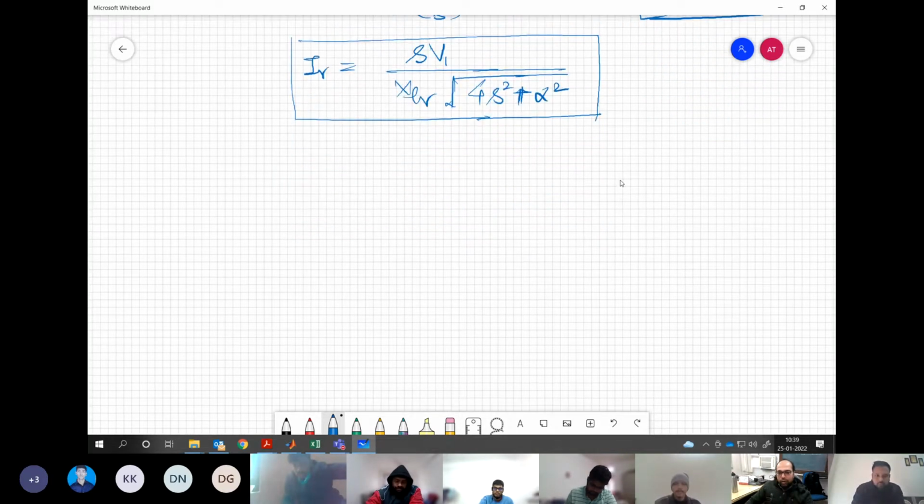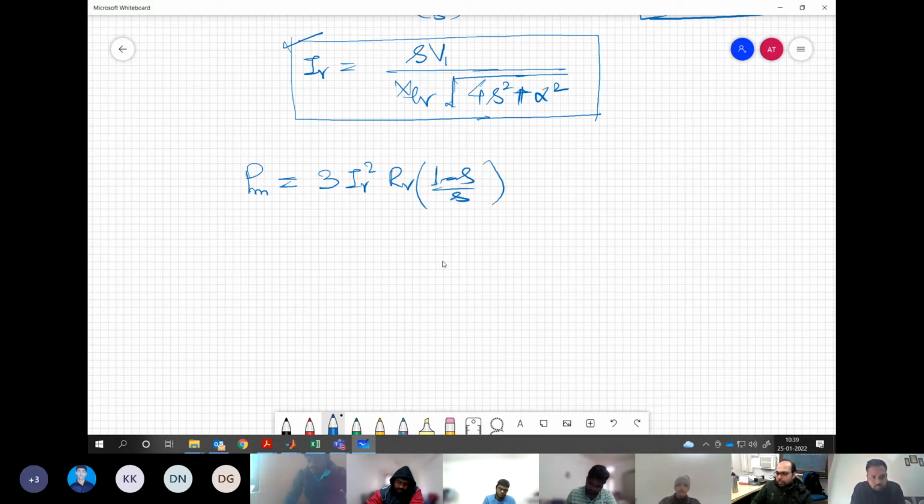Now we all know that when we have the rotor current, we can write the mechanical power output, and this is nothing but 3 IR square RR (1 minus S) by S. So rotor loss we have ignored, and whatever remains is basically our power. And then we know that torque can be written as PM, the mechanical power, divided by the mechanical speed.